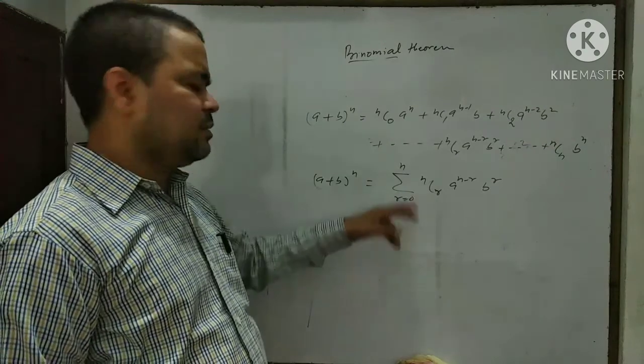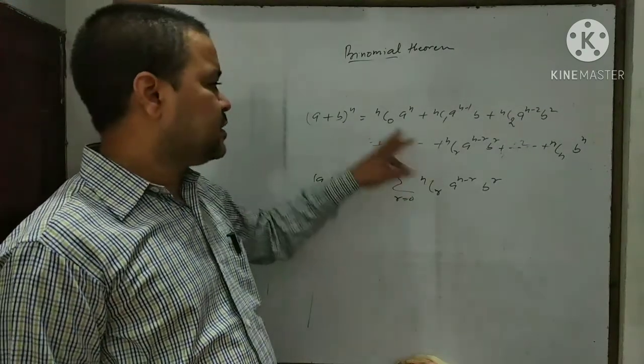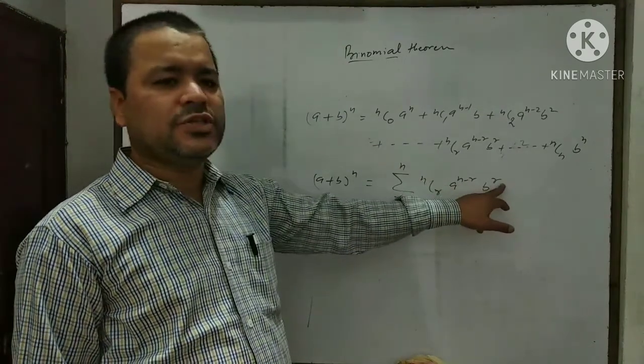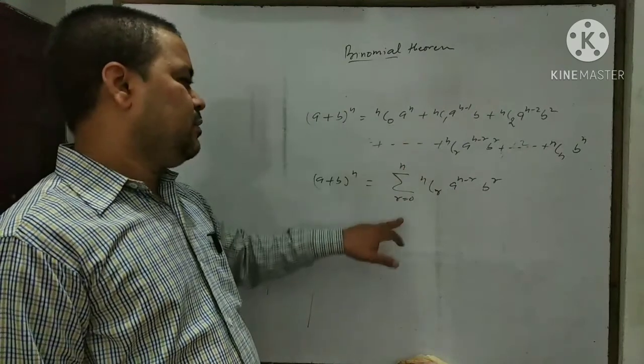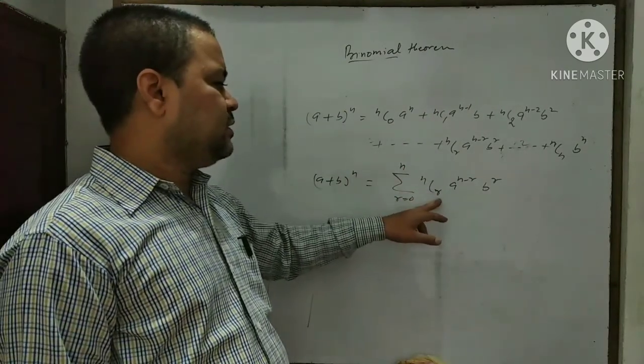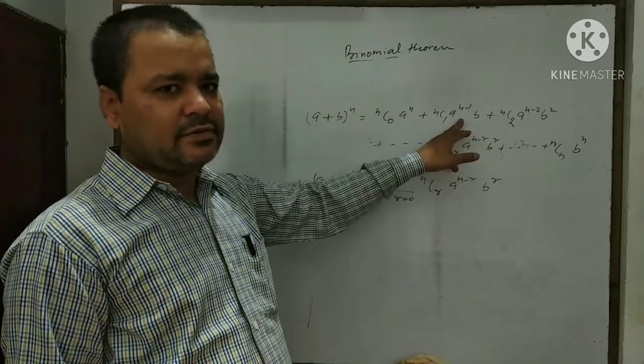This is the symbol for summation. If we take r = 0, it gives the first term nC0 a^(n-0) b^0. It gives the first term. If we take r = 1, then it will be nC1 a^(n-1) b^1, the second term.